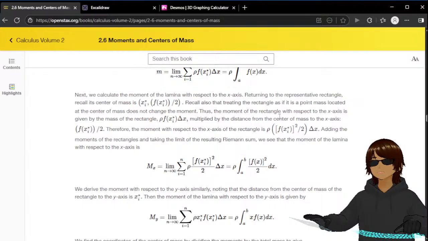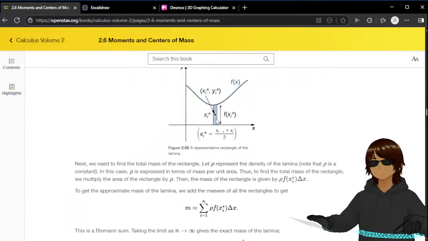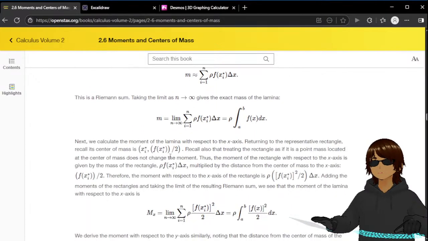So the moment of the rectangle with respect to the x-axis is given by the mass of the rectangle. The mass is rho f of x star delta x. The mass is density times area, and the area is the y value times the interval.